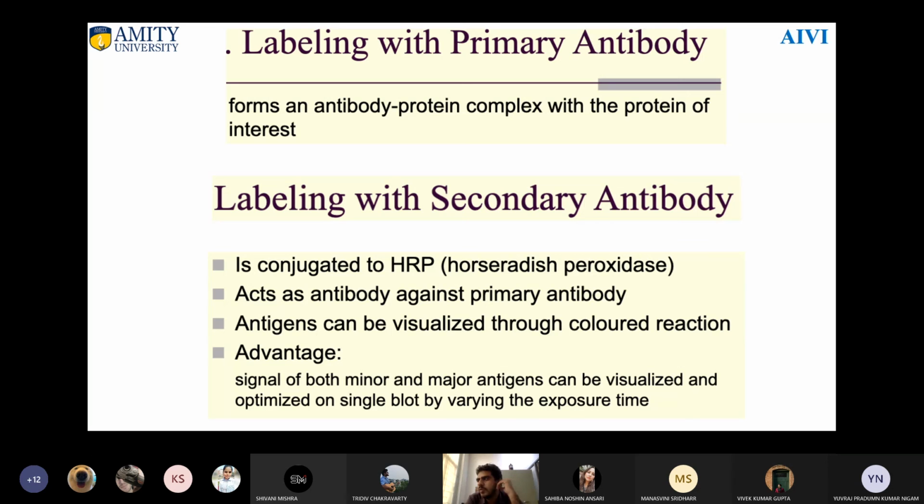We can't produce it in a very large amount, because for each and every protein you have to produce this antibody. So for that, we incorporate one more antibody that is specific to your primary antibody. The secondary antibody is not going to be specific to your antigen. It is going to be specific to your antibody, because antibody is also a protein.